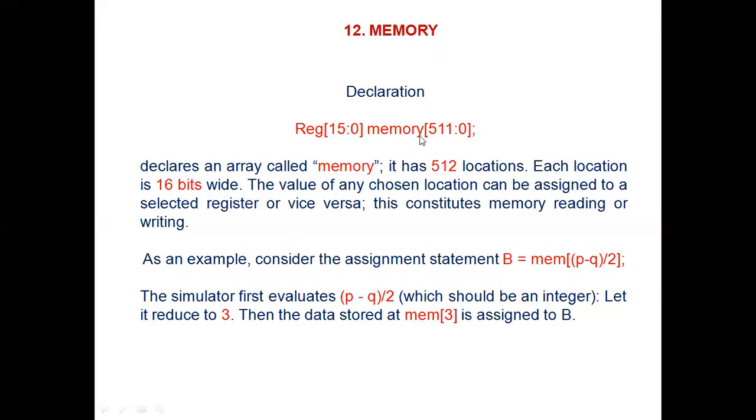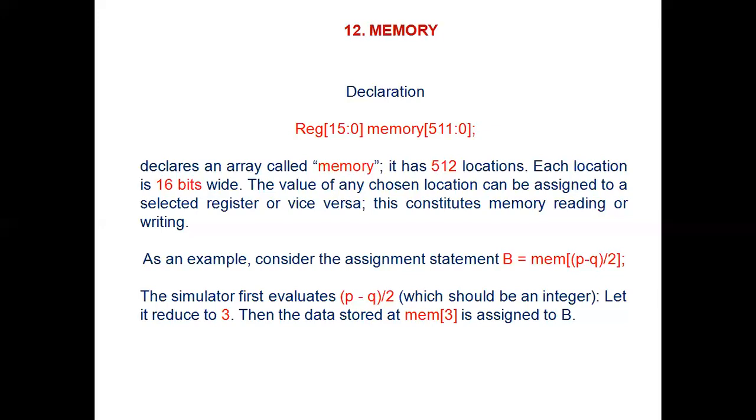We are representing the memory as 512 locations, and each location is 16 bits wide. This declaration gives the information about a memory which has 512 locations, and each location is 16 bits wide.